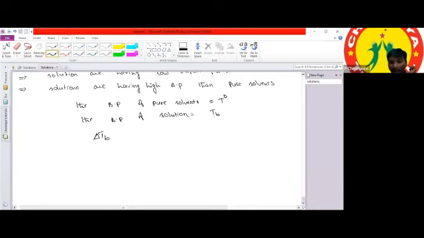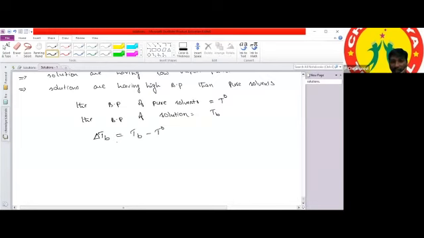Elevation of the boiling point temperature can be represented with delta TB. How do we define it? The elevation of the boiling point temperature is defined as the difference between the boiling point temperature of the solution minus the boiling point temperature of the pure solvent.